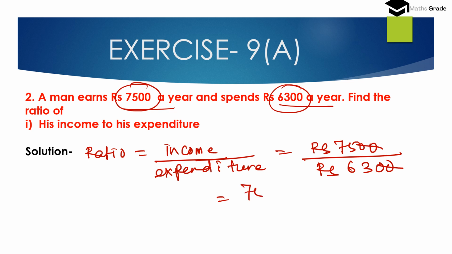So dividing 75 by 3 and 63 by 3: 75 divided by 3 is 25 and 63 divided by 3 is 21. Now we get 25 divided by 21, and the ratio of his income to his expenditure is 25:21.